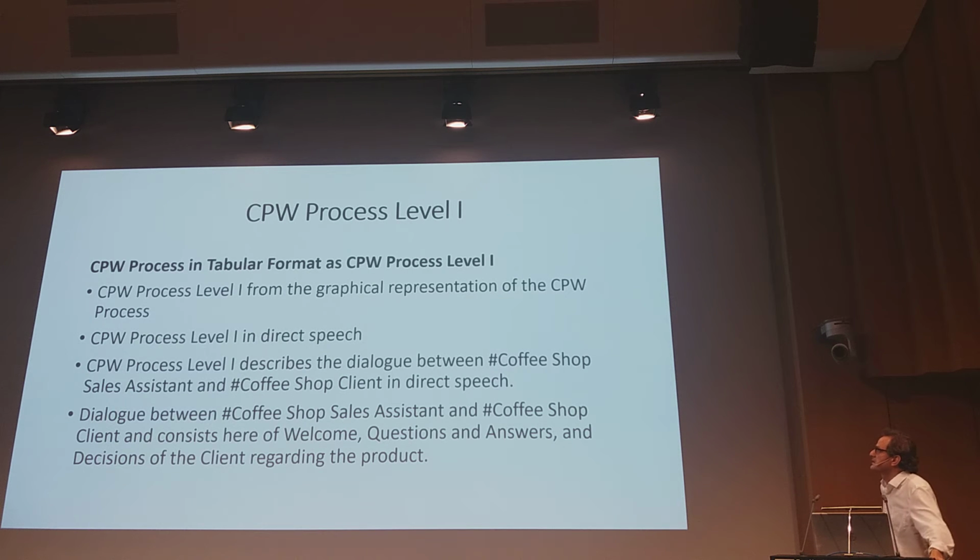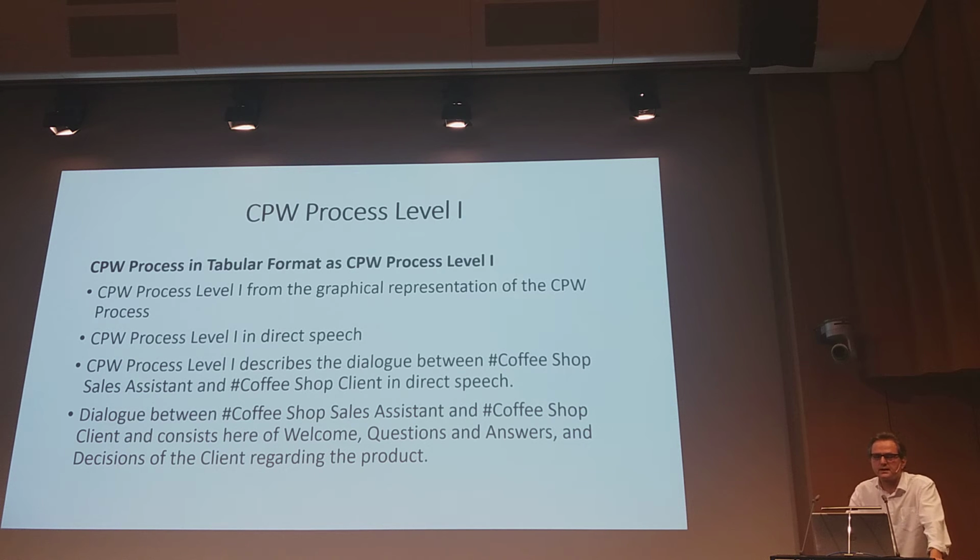Now we are coming to the CPW process level 1. The CPW process level 1 is in tabular format, and it is derived from the graphical representation of the CPW process.